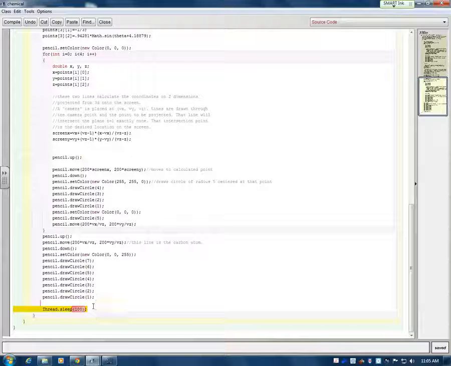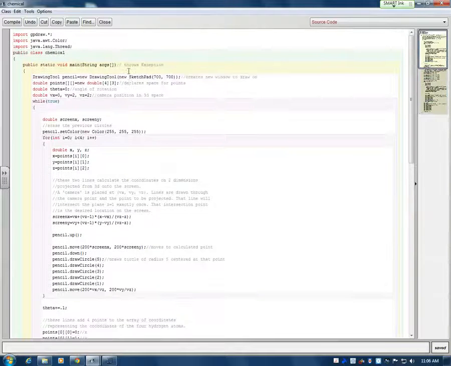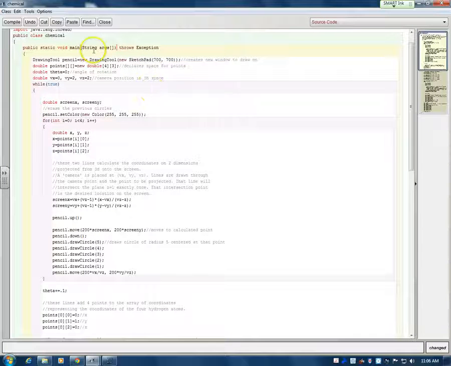This method throws an exception, java.lang.InterruptedException, something along those lines, because it's a thread, and those are rather tedious to work with. So I don't really like try-catch statements, so it made a bit more sense to use throws Exception in this case. But otherwise we would not normally do that.